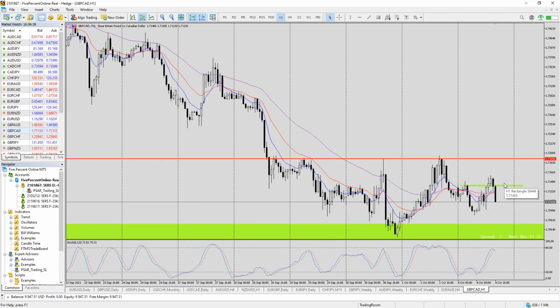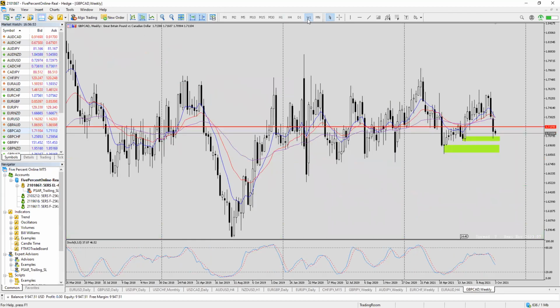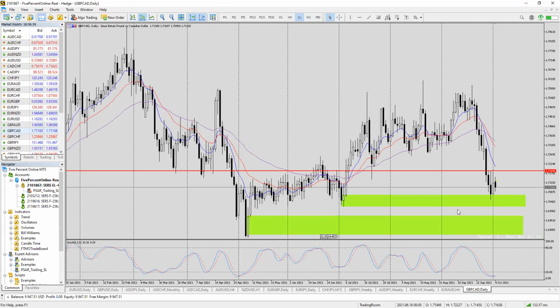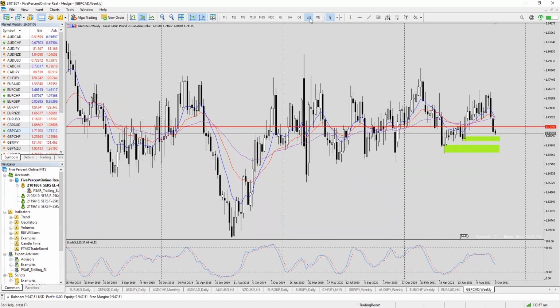I will follow it in the next few hours and days, and it's interesting to see what comes up with this pound CAD pair. But obviously, the overall trend is no trend. It's just sideways movement. Just be aware of these demand zones at the bottom. That's what I have to say about this pair at the moment.